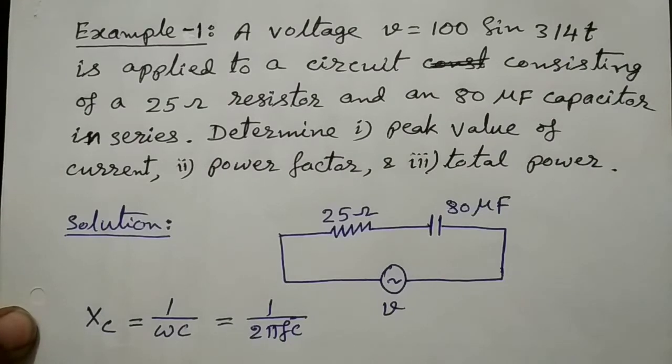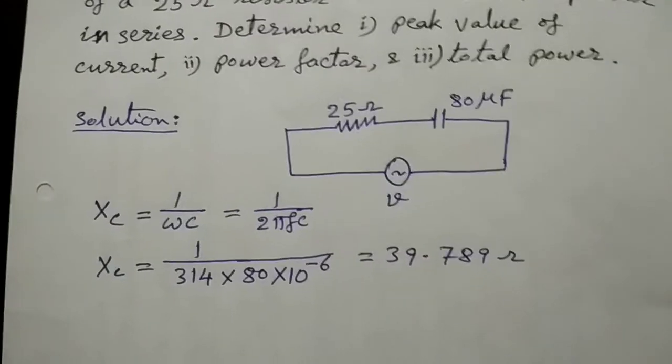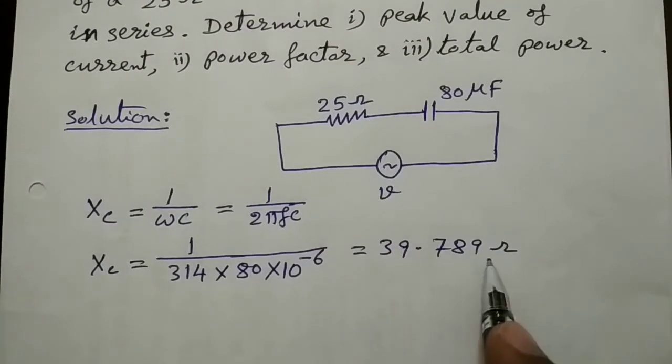Therefore, we can write 314 into 80 microfarad, which should be converted to farad, so multiplied by 10 to the power minus 6. After solving, the value of XC will be 39.789 ohms.